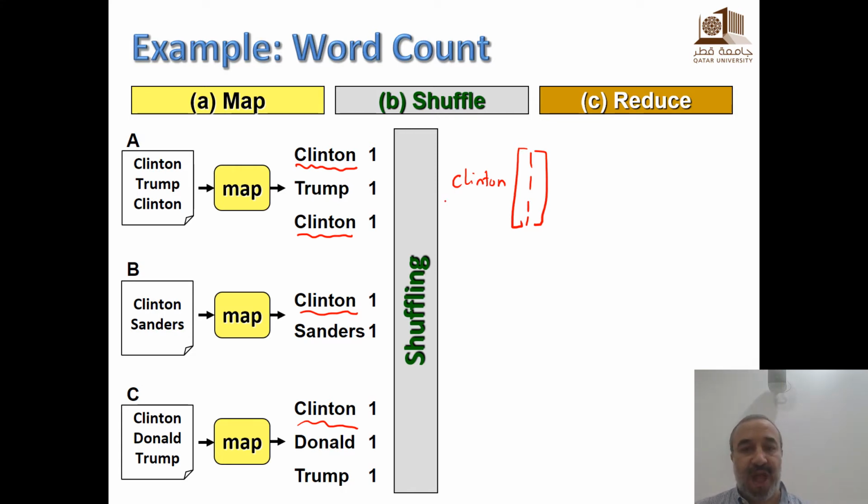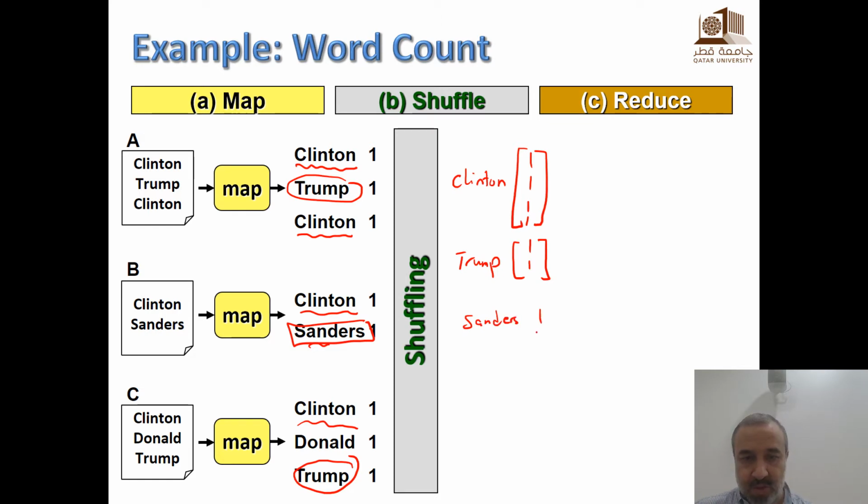So what else? Do we have only Clinton? No, we have also Trump here, and here. So what would be the values? 1, 1, because we have 2 ones for Trump. How about Sanders? Sanders just once.